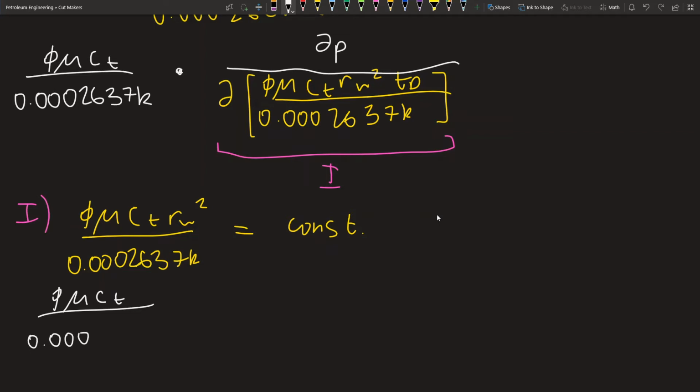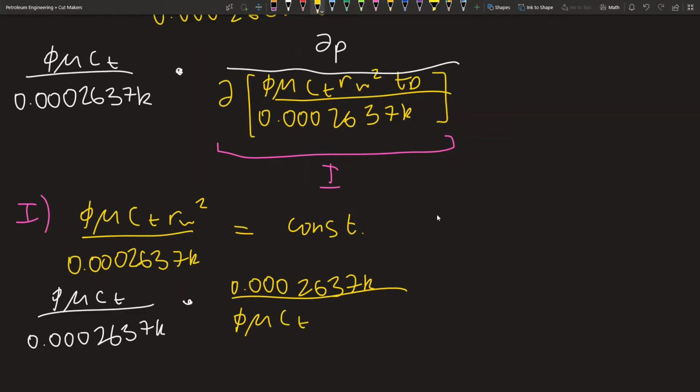Phi mu c sub t over 0.0002637k multiplied by 0.0002637k over phi mu c sub t r sub w squared, and finally that is being multiplied by dou p over dou t sub d.